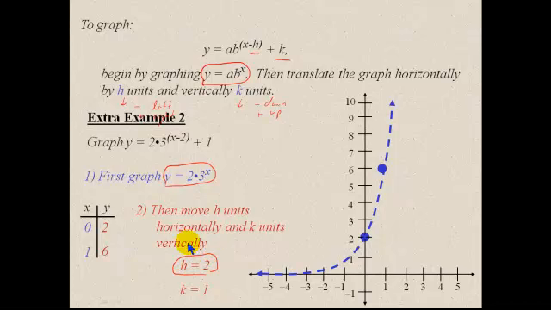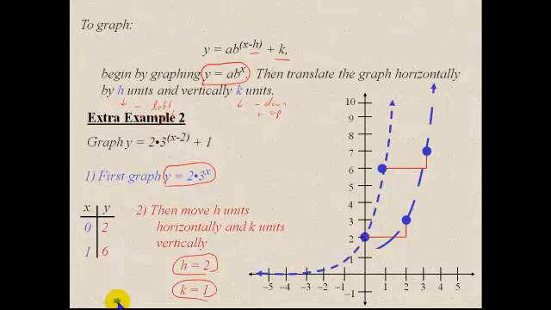And it's plus k, so that means k is a positive 1. So when we shift this, our h value is going to go 2 to the right, and my k value 1 up, because they're both positive. So I'll shift the other point, 2 to the right, 1 up.